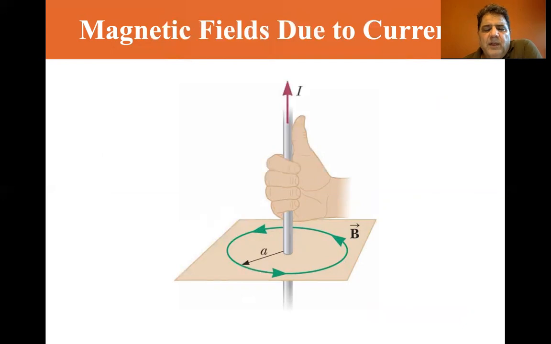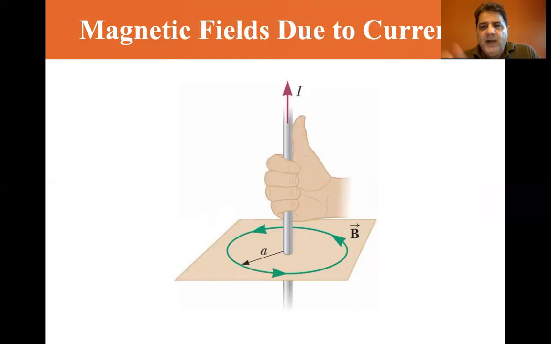Now, you can imagine the magnetic field around a current carrying wire using the right-hand rule. If you point your thumb in the direction of the current, your fingers will wrap in the direction of the magnetic field. So it'll be a circle around the wire with your fingers pointing the direction of the magnetic field.